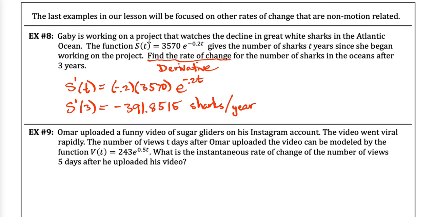So the original function stood for the number of sharks. So if S represents sharks, your derivative is going to be sharks per what you did the derivative with respect to. Our variable was t, so time.